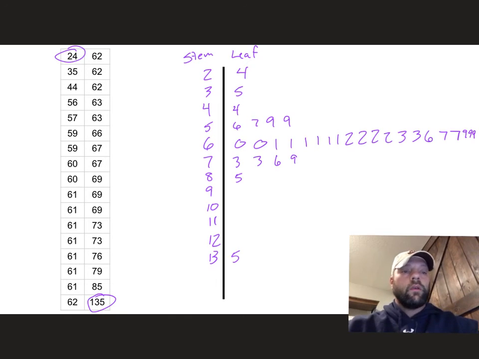Obviously you can see I filled in the rest of it because I didn't think it was worth your time to watch me write all the numbers, but all of the numbers in my stem and leaf plot should match up with the data that I have right over here.